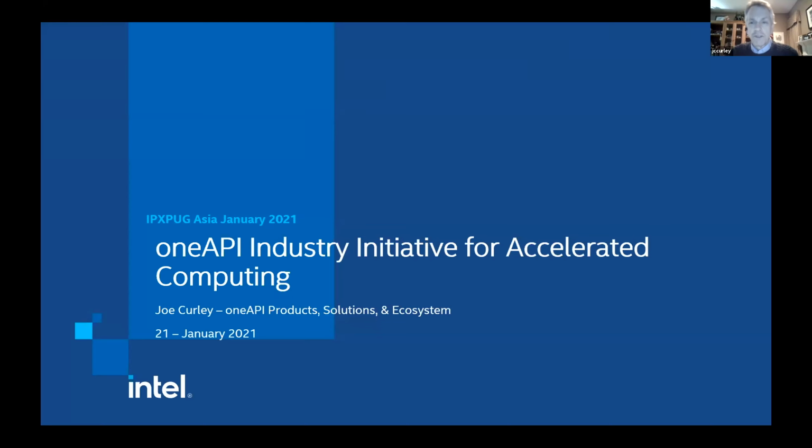Thank you so much, Boku Sensei, and thank you to so many good friends and partners over the years for joining us again today. Many familiar names are here, and it's a pleasure to be with you again. It's also a pleasure seeing the Oakforest-PACS machine in the background. It brings back many good memories of the last time I was able to speak at HPC Asia and at XPAG.